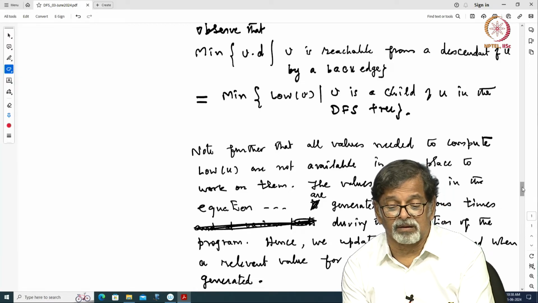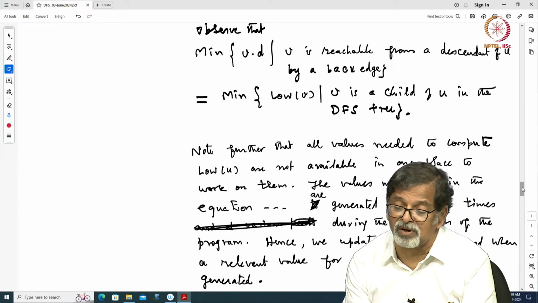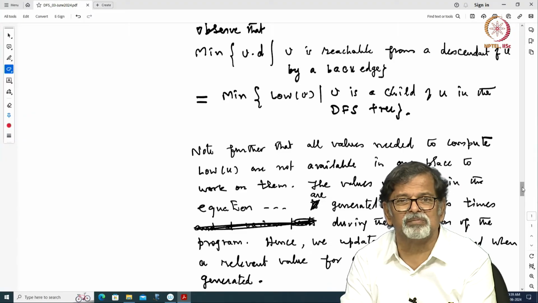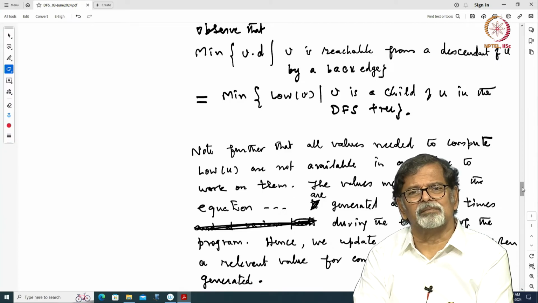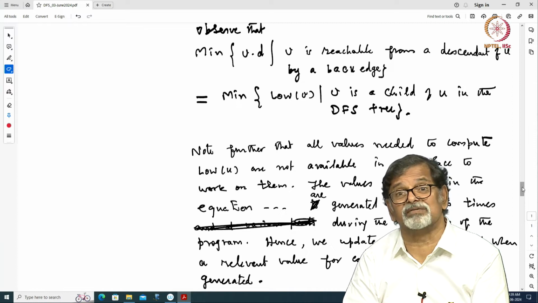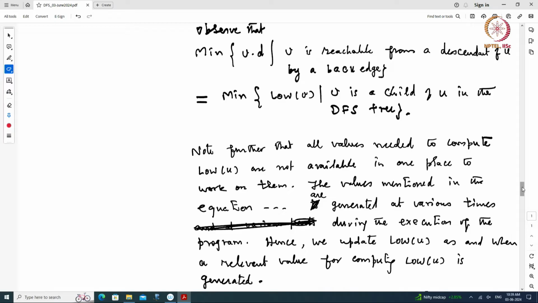Also note that all values needed to compute low u are not available in one place, so that you can compute the minimum easily. You have to compute the low value by looking into the relevant values as and when they are generated. So, during the exploration at different points, the relevant values will be discovered and you use them to update the minimum.